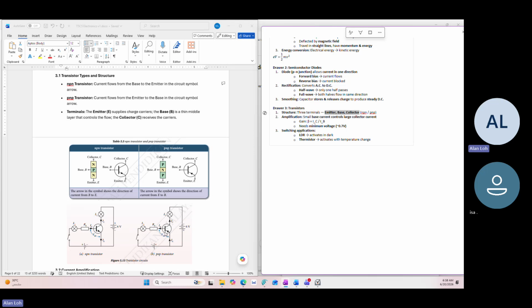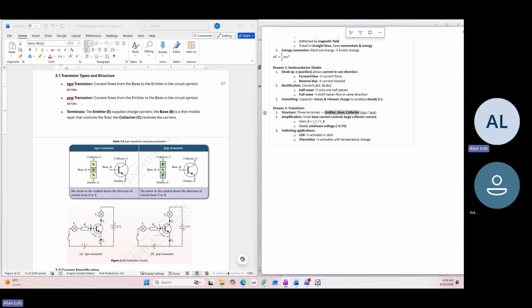And for PNP, the flow of current is opposite. What they are doing over here is, if you realize, there are 2 batteries and 2 switches, right?